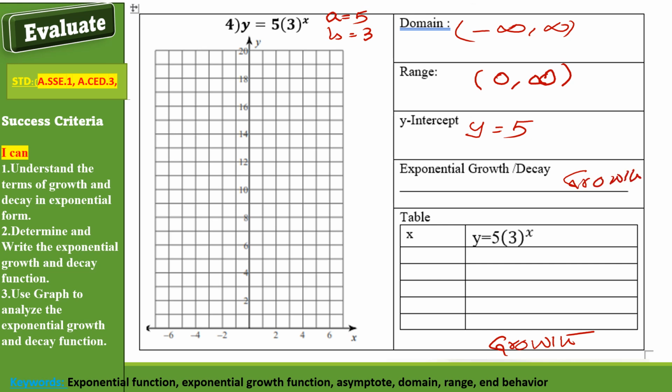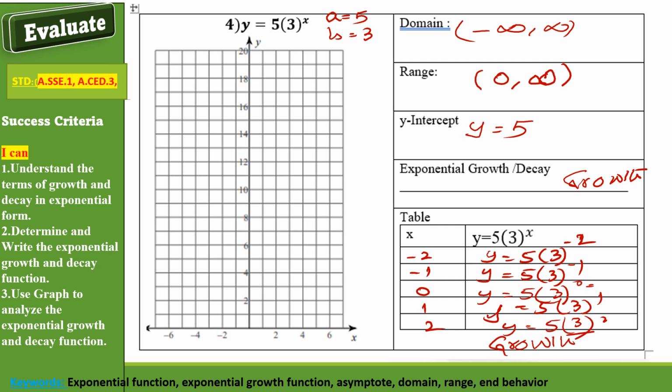Now we have to graph it. So we take the values -2, -1, 0, 1 and 2. Wherever the x is, you have to replace one by one with the values, that is -1, then -2, then write 5 times 3 to the power of -1, then 5 times 3 to the power of 0, then 5 times 3 to the power of 1, and in the end 5 times 3 to the power of 2.